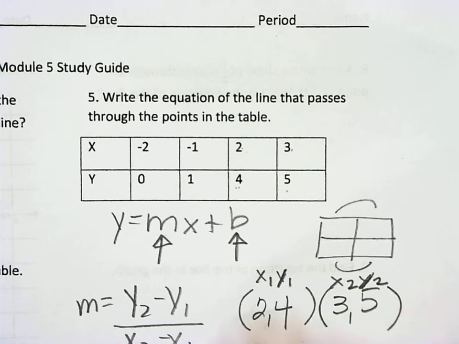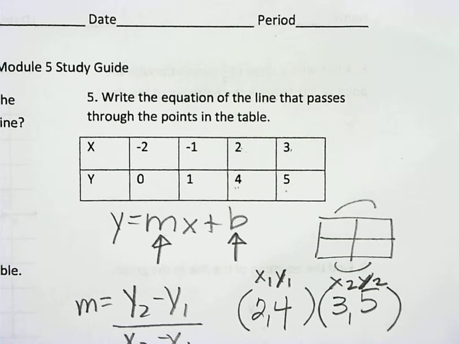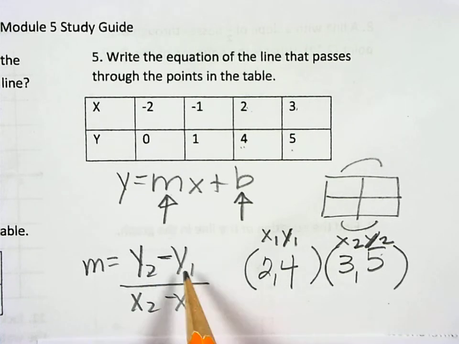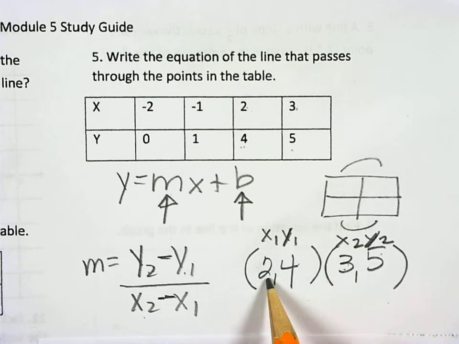And I'm going to plug these numbers into my slope formula. So y sub 2 is equal to 5. And I'm going to subtract y sub 1, which is 4. And in my denominator, x sub 2 is 3. I'm going to subtract x sub 1, which is 2.